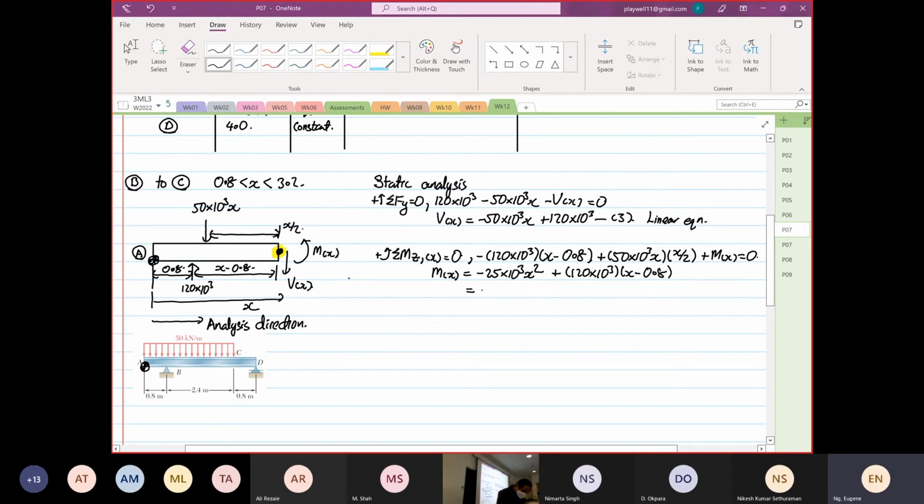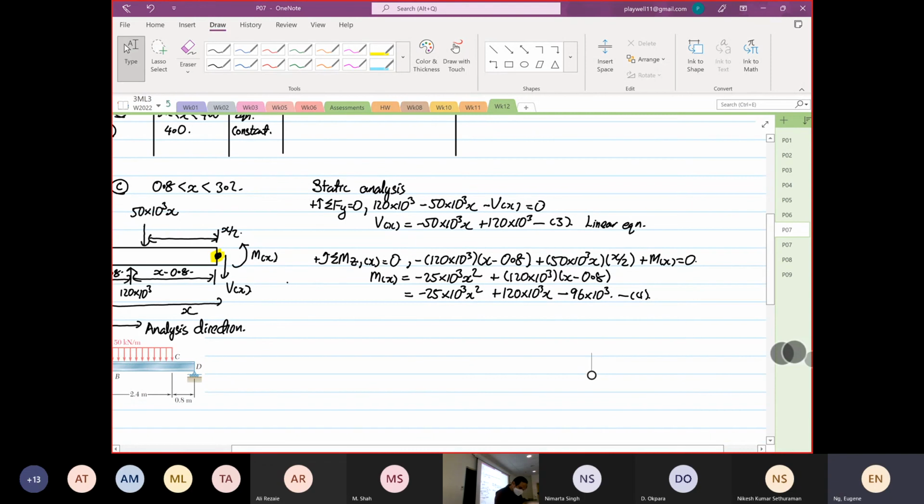So this will be equal to minus 25 times 10 to the power 3 x squared plus 120 times 10 to the power 3 x minus 96 times 10 to the power 3. Our equation number 4 is a second order polynomial equation. So second order, I'm just going to write poly over here.